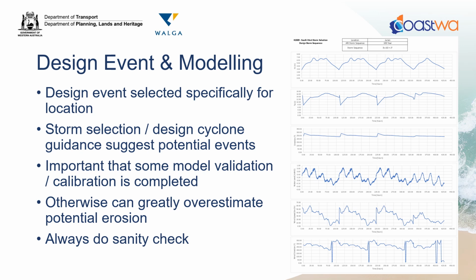We've got to really do some sanity checks on those. Otherwise, you can greatly overestimate or underestimate the potential erosion. And common things may be greatly overestimating or underestimating water levels in the nearshore areas, and that can have a big impact on the beach erosion we're seeing. So we'll always want to do a sanity check on that modelling data.